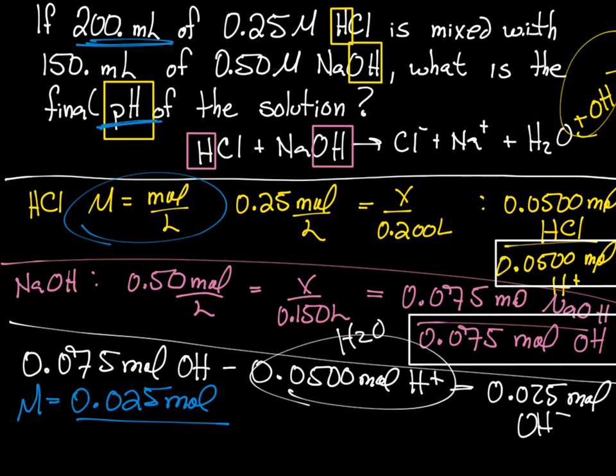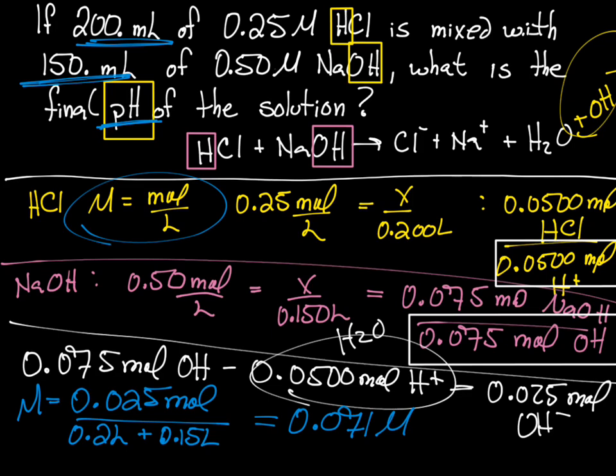So we have 200 milliliters and 150 milliliters. Changing that to liters, we now have 0.2 liters plus 0.15 liters. And that would give us a concentration of 0.071 molar.